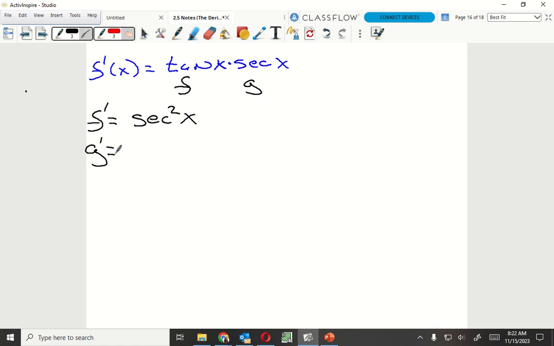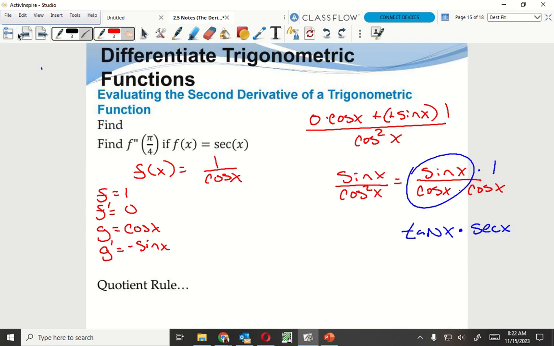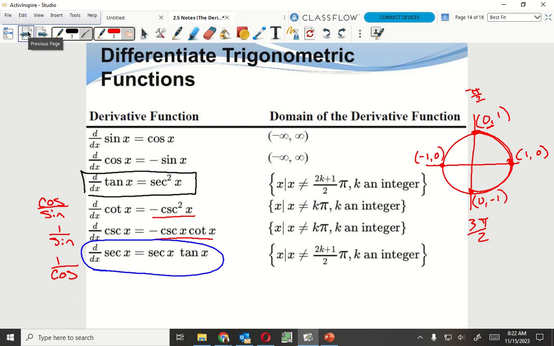So the derivative of secant is, didn't we just do this right now? Yes, we did, didn't we? Derivative of secant is secant tangent, right? Secant tangent.